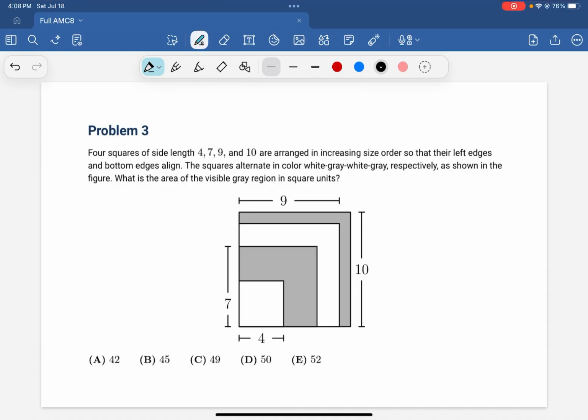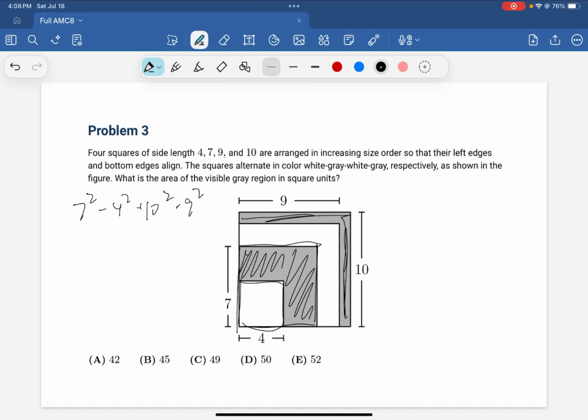So this region is just the 7 by 7 square with the 4 by 4 square subtracted. So that is just 7 squared minus 4 squared. And this region is just the 10 by 10 minus 9 by 9, which is 10 squared minus 9 squared.